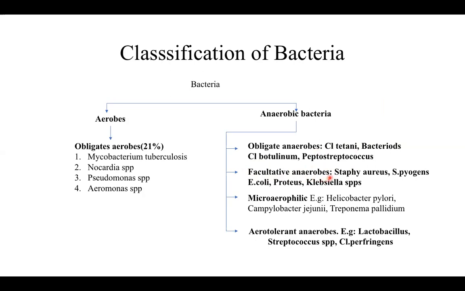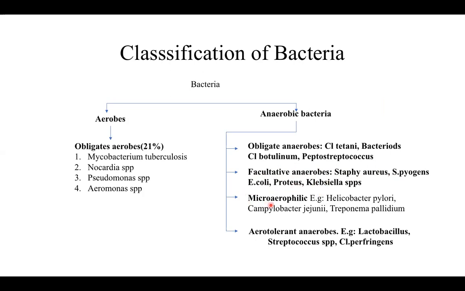These types of bacteria are known as facultative anaerobes. Most of the pathogenic bacteria which cause human infections are facultative anaerobes in nature. Examples are Staphylococcus aureus, Streptococcus pyogenes, Escherichia coli, Proteus, Klebsiella, and others.